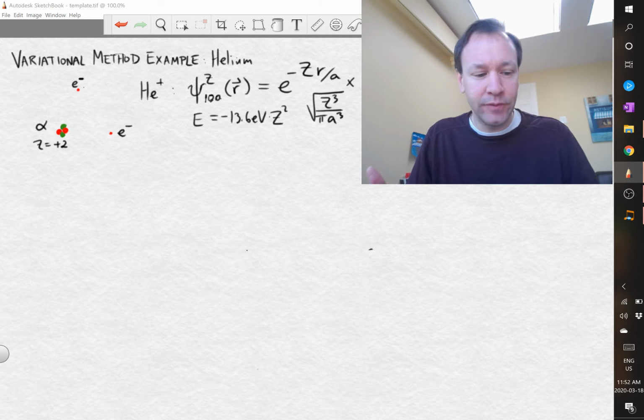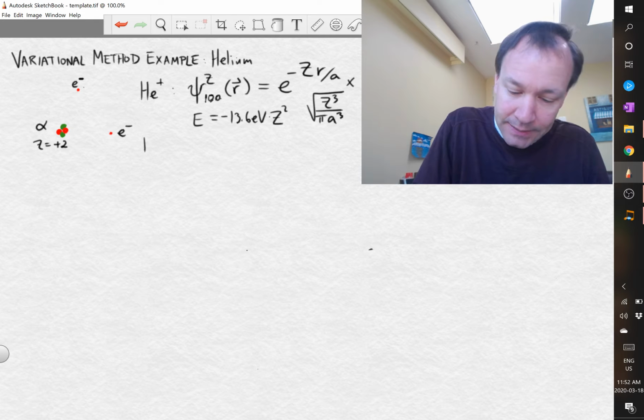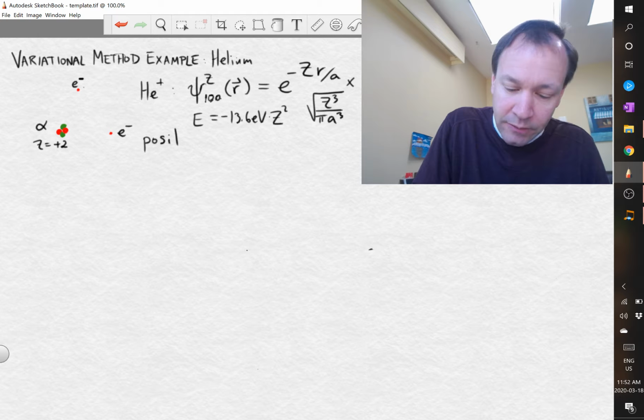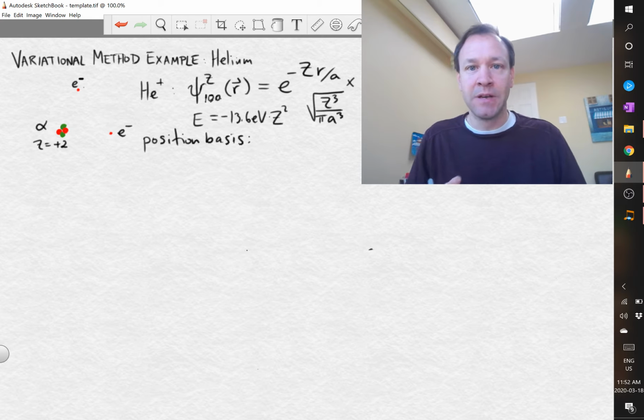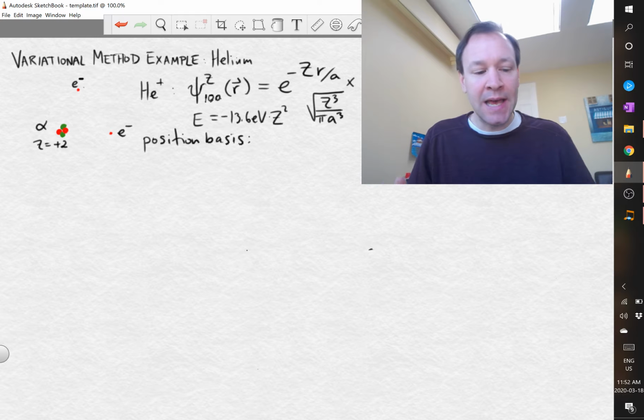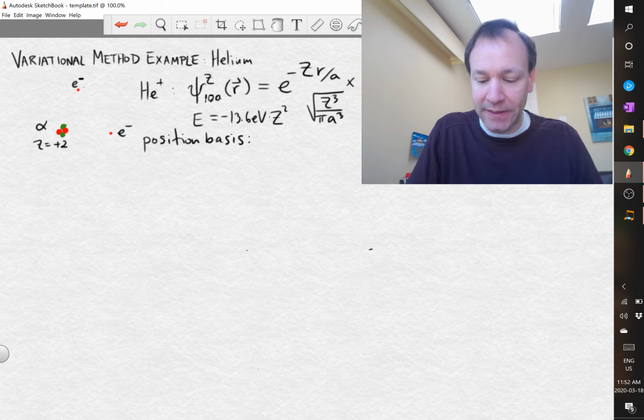Okay, so to describe that quantum system, now it's a two-part system. We have two electrons, and so we can write a basis of states for that system, the position basis. In the position basis, each of the two electrons would be at a definite position.